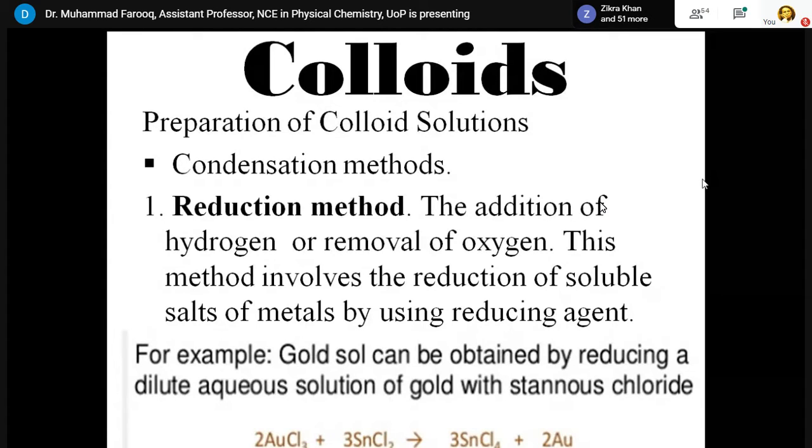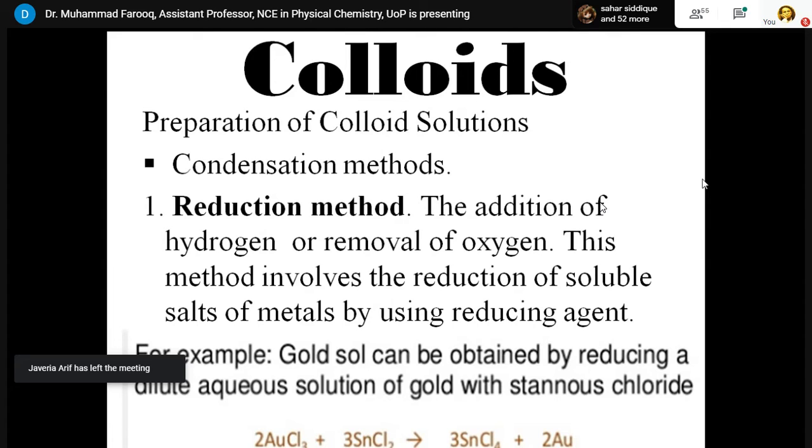This method involves the reduction of a soluble salt of a metal by using a reducing agent. For example, gold sol can be obtained by reducing a dilute aqueous solution of gold chloride with stannous chloride. You can see AuCl3 plus SnCl2 when they react together, you get the gold particles, and stannic chloride is also obtained.